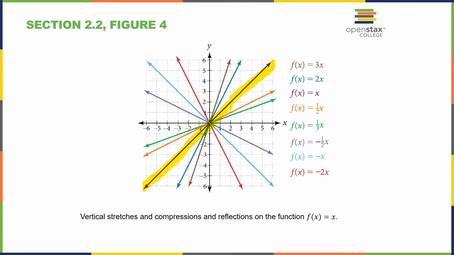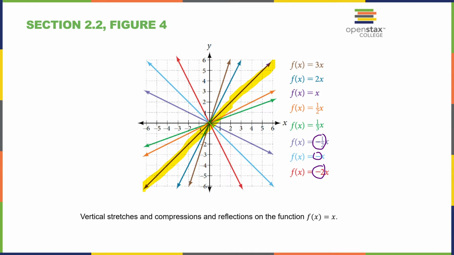So negative 1/2 is both a compression and a reflection. Negative x is just a reflection, and negative 2x is going to be a stretch and a reflection. A reflection means that we have flipped it over the line y equals 0 in this case, or the x-axis.